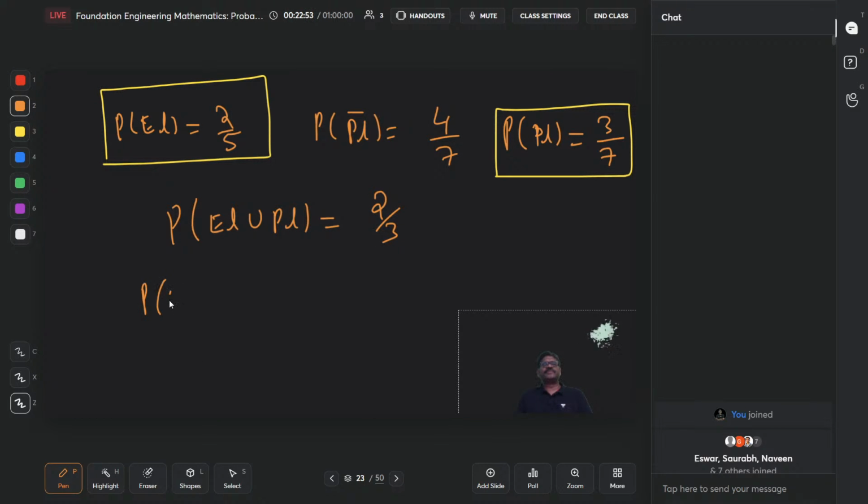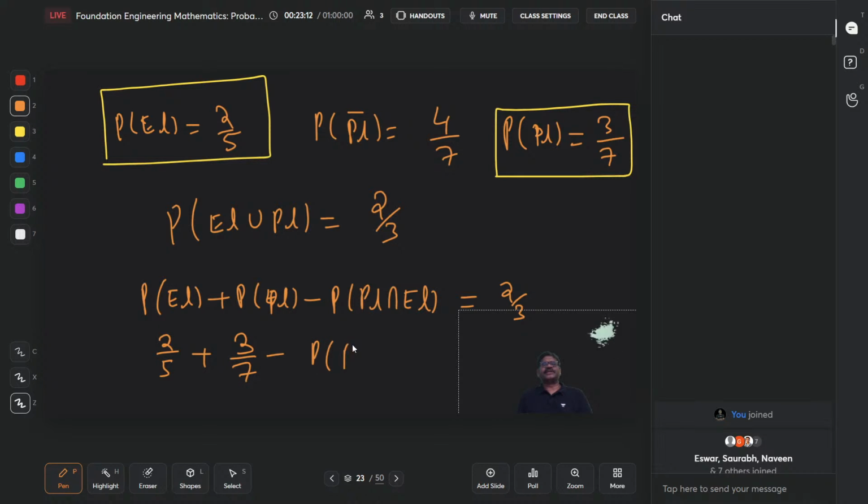Observe here, P of EL plus P of PL minus P of PL intersection EL equals 2 by 3. This is 2 by 5 plus 3 by 7 minus PL intersection EL, which is 2 by 3.